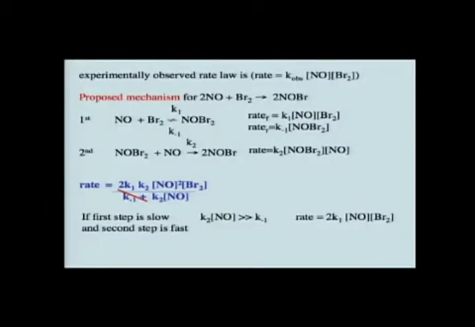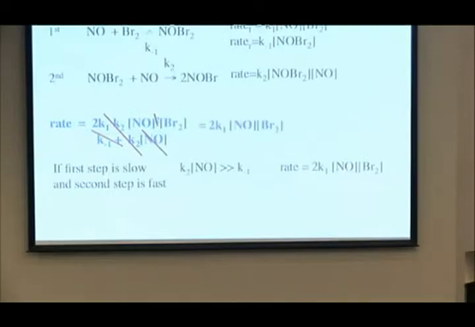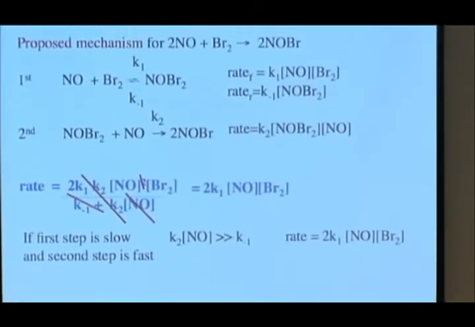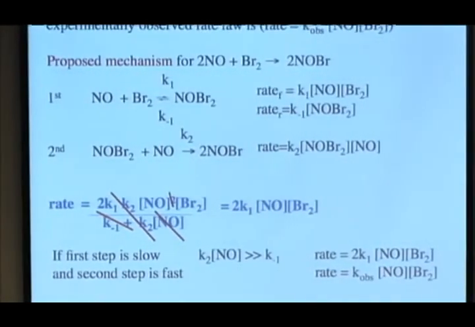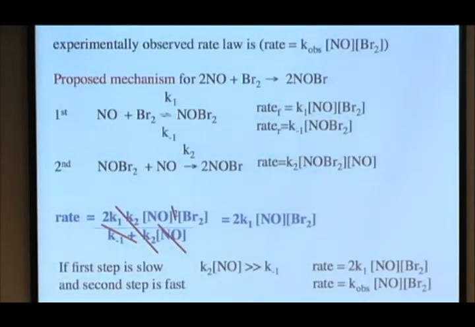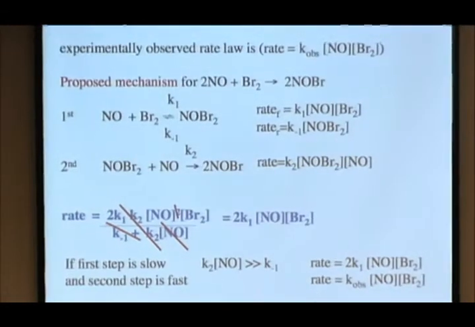If this is much bigger than this term, that cancels out. If that cancels out, what else cancels? k2 also cancels, and one NO cancels, giving you this expression. And that is consistent with the answer up there. You could also see that as the k observed. So that's consistent. And let's first tell me the overall order.